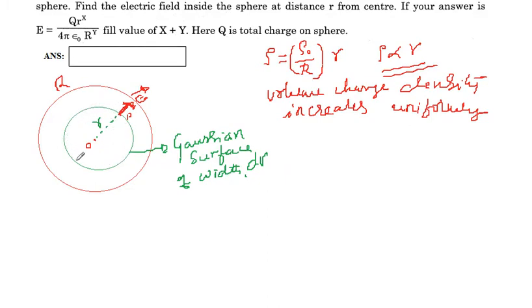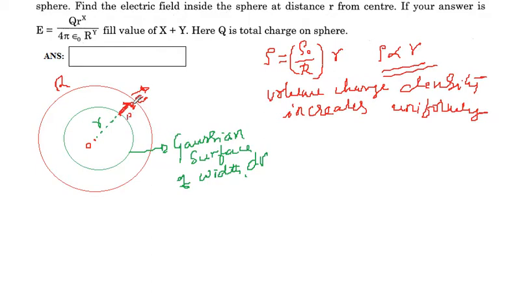That means within the Gaussian surface, the electric field at P is not contributed by anything from the outer charge. So let us forget about this outer charge. Only you have to think about the charge inside.